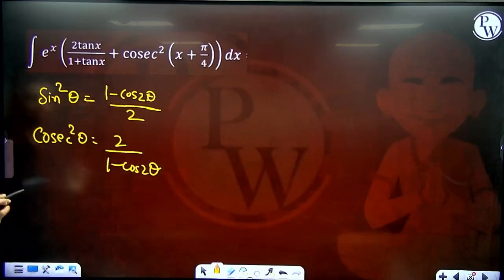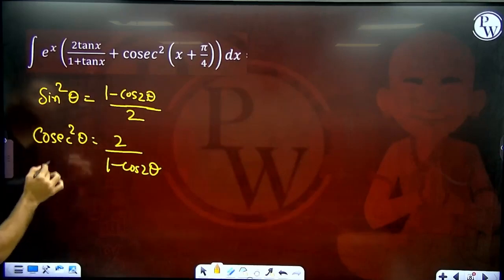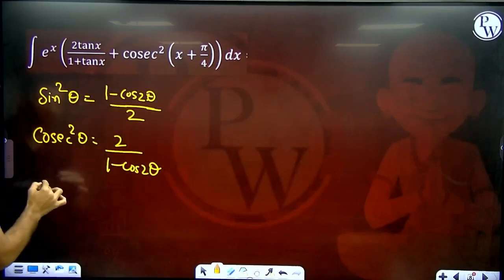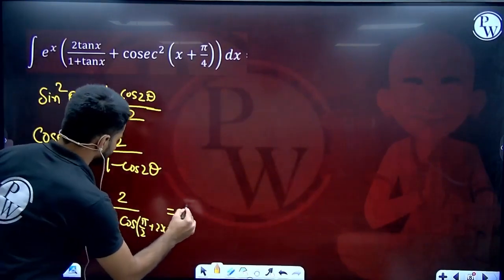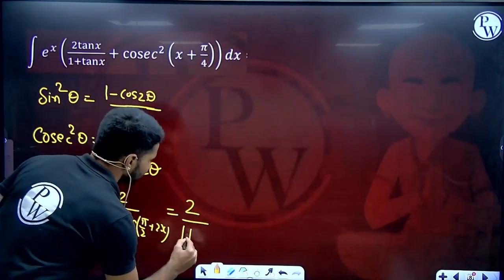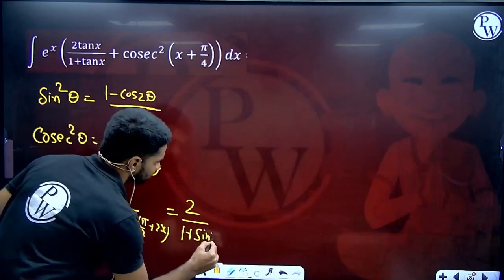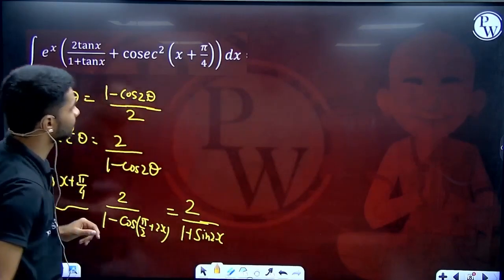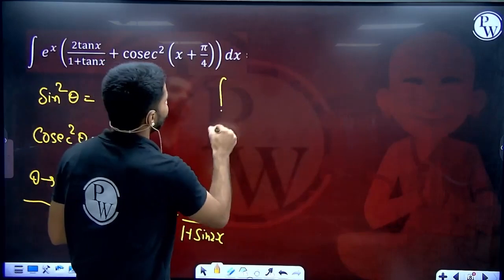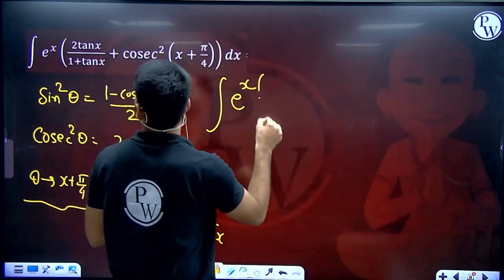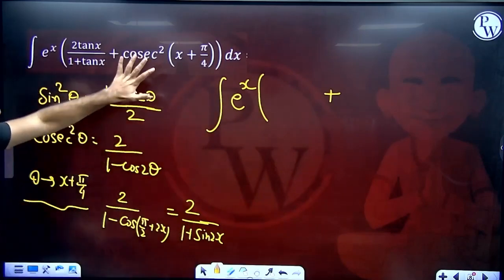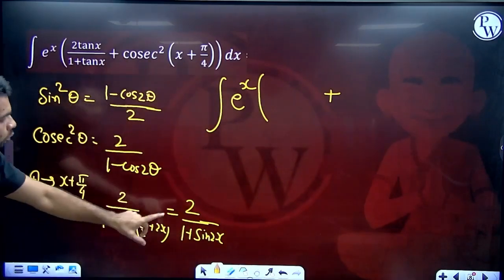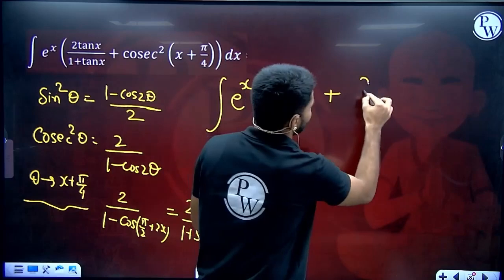Clear? That means for cosec square, in place of theta put x plus pi by 4. Then 1 minus cos of 2x plus pi by 2 becomes 1 plus sine 2x. So this is 2 upon 1 plus sine 2x. So in the integration of e to the power x into something plus cosec square x plus pi by 4, it has become 2 upon 1 plus sine 2x.